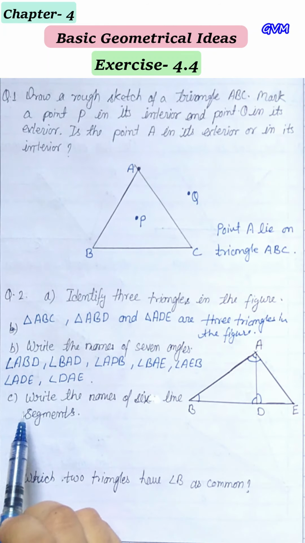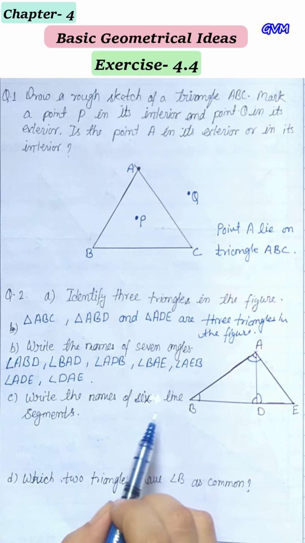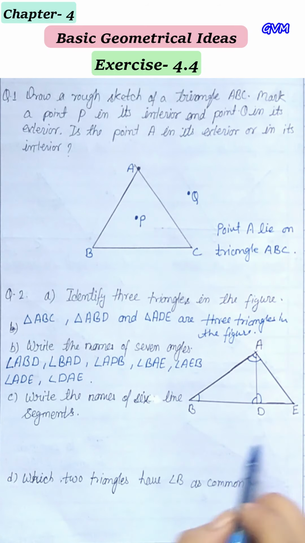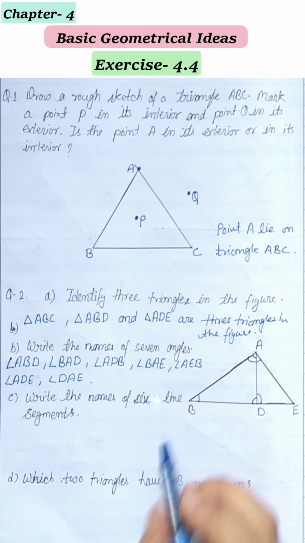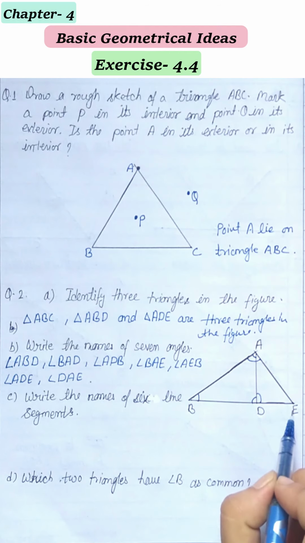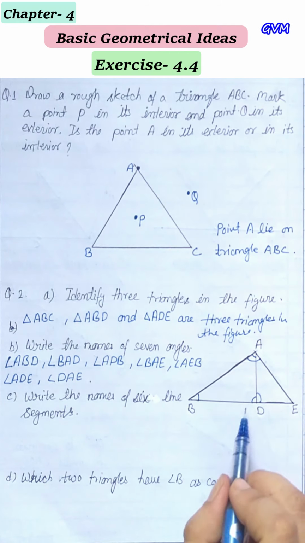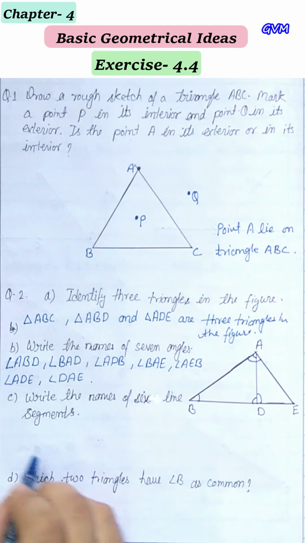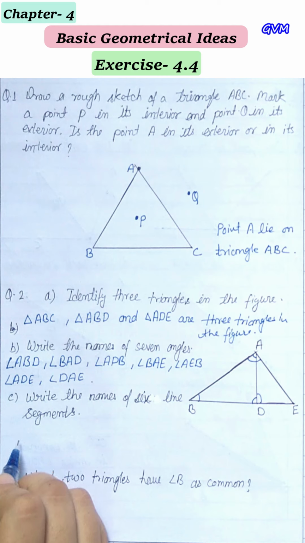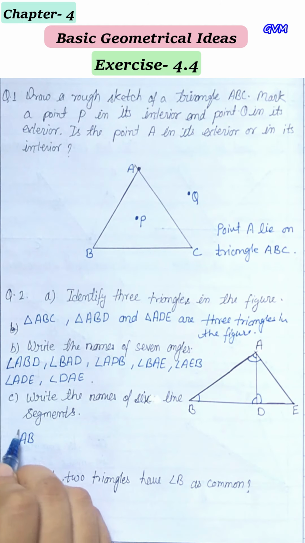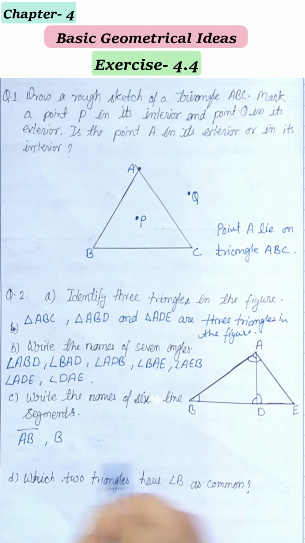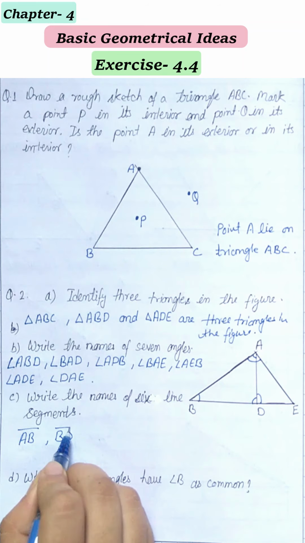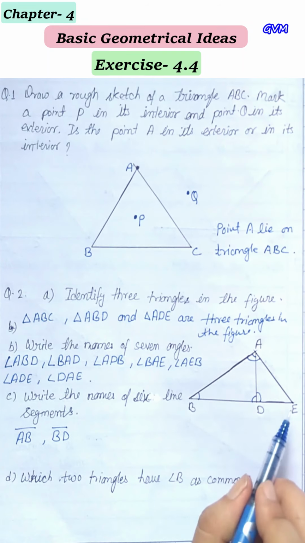Okay, in the C part we have to write the names of 6 line segments. So we have to find 6 line segments in this figure. The first one is this, second, third, fourth, fifth, and the sixth one is this, BE, the bigger one. So line segments AB, BD and BE.